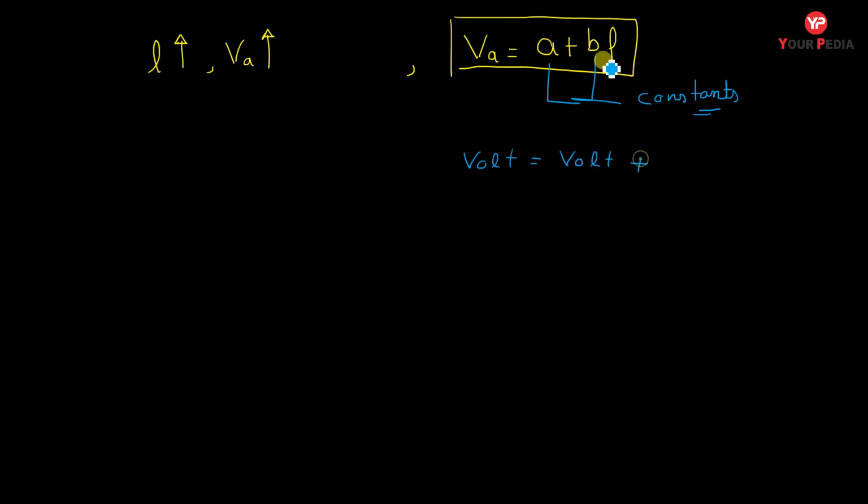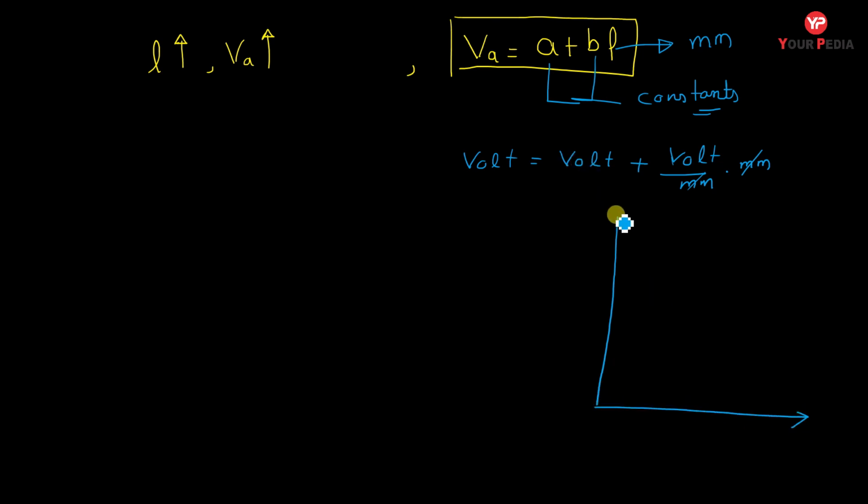For the unit of this quantity to be volt, we know that L is the arc length in mm, so the unit of B is volt per mm. Multiplied by mm, the mm cancels, and volt plus volt equals volt. These are the units of constants A and B. So this is the relation for arc voltage. Now, if I talk about the graph that we have studied between V and I.